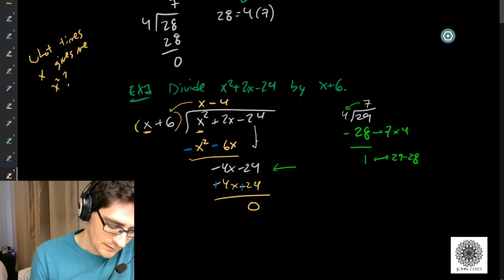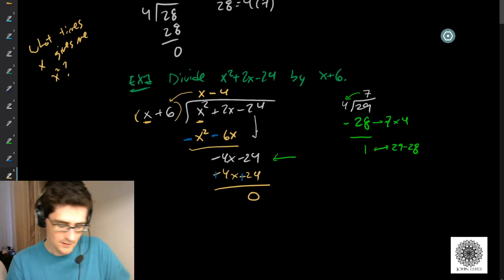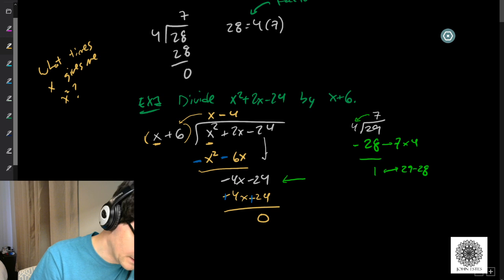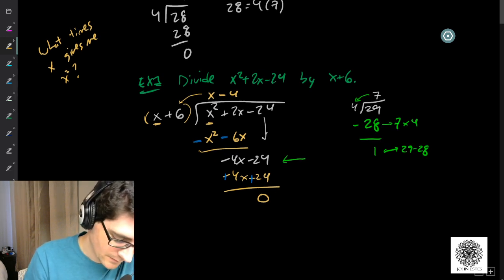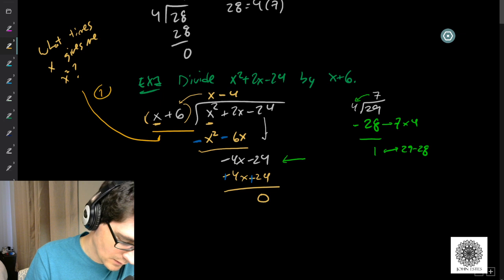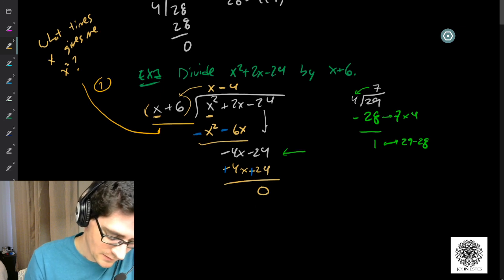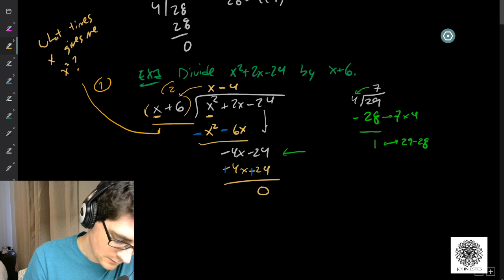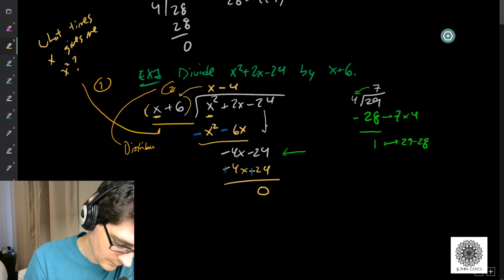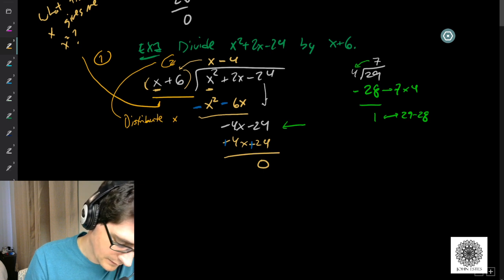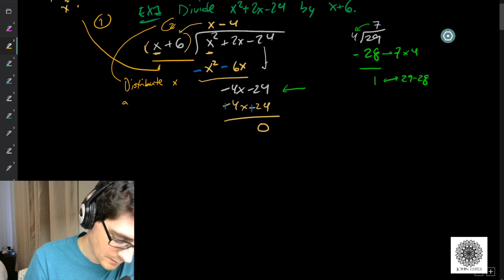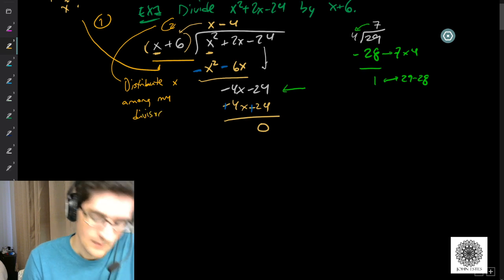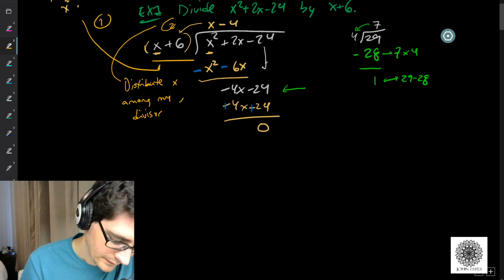So what I'm saying here, and maybe I can make some notes on what I did. First of all, that was the first part: what times x gives me x squared? And then 2, I distribute x among this term, my divisor, and that's how I got this.